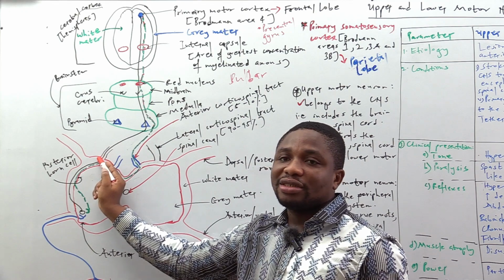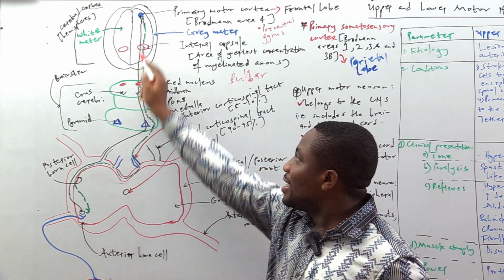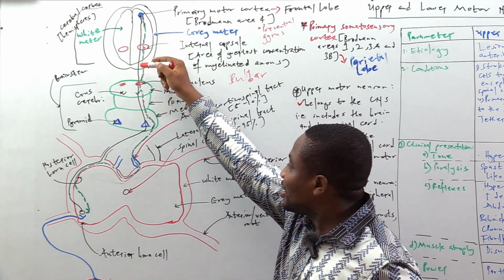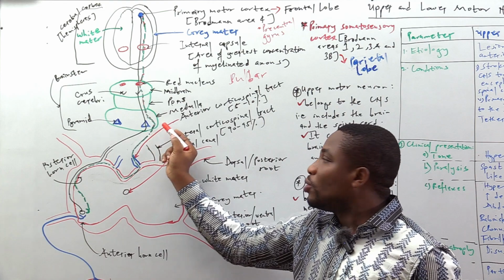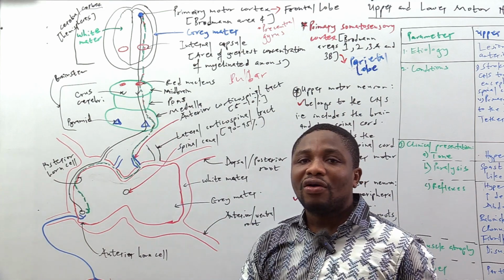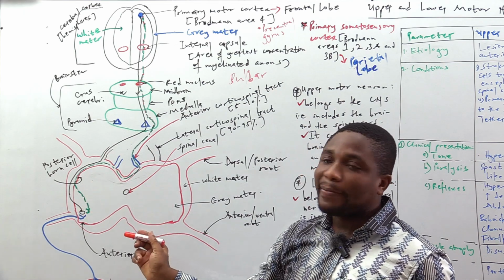You will see the decussation from left to right, meaning that any motor neuron or tract going through the pyramids of the medulla will decussate at the level of the medulla. That will be from left to right and vice versa.